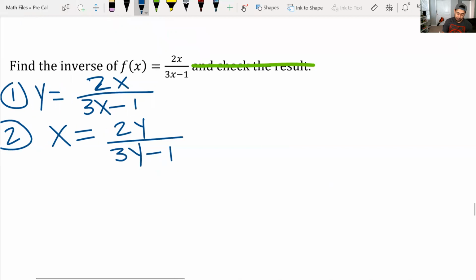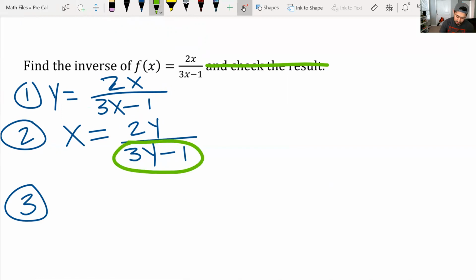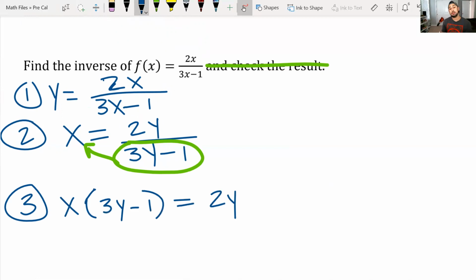Step 3, solve for y. Take this, multiply to the left side. x times 3y minus 1 equal to 2y.